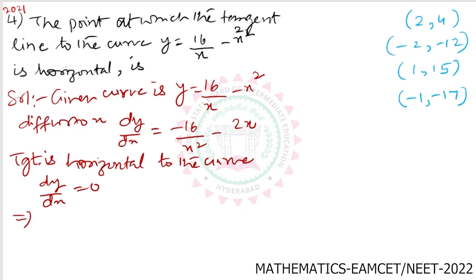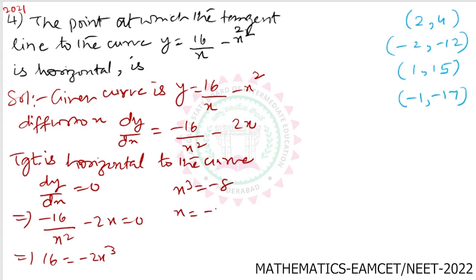So what is dy/dx? −16/x² − 2x = 0. If I transfer to this side, it becomes 16 = −2x³, or 2 ones are 2, 2 eights are 16. So x³ is equal to −8, or x is equal to −2, right? So I got one value.